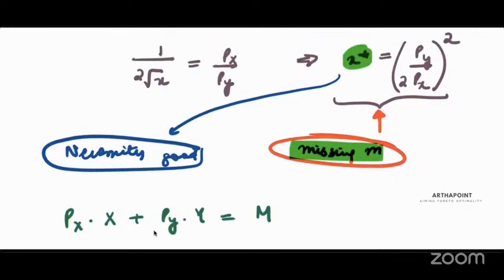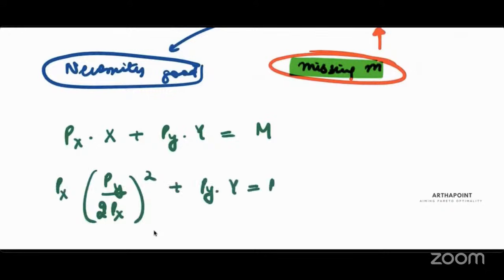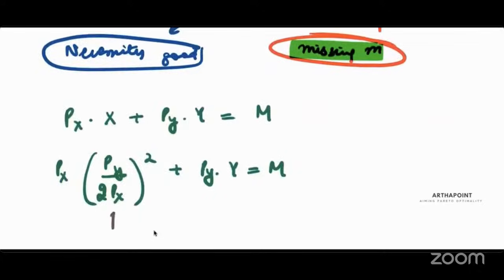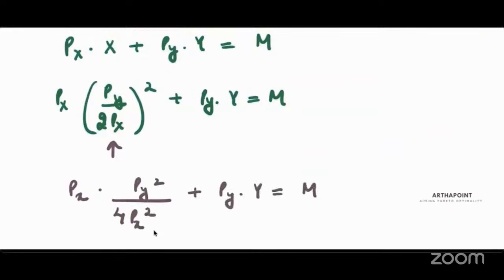In this case, I am getting my x as py by 2px whole square, into px plus py into y equal to m. I'm just replacing x from here, from this value. So I will get px into py square by 4px square plus py into y equal to m.